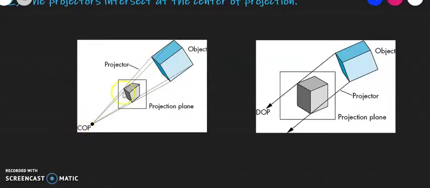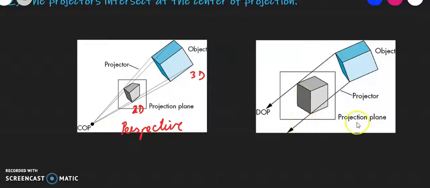The projectors, that is the lines of projection, go from every vertex of the object to the center of projection. This is my 3D object here, and this is the 2D image formed on the projection plane with the help of the center of projection and the lines of projection. This type of projection is perspective projection.